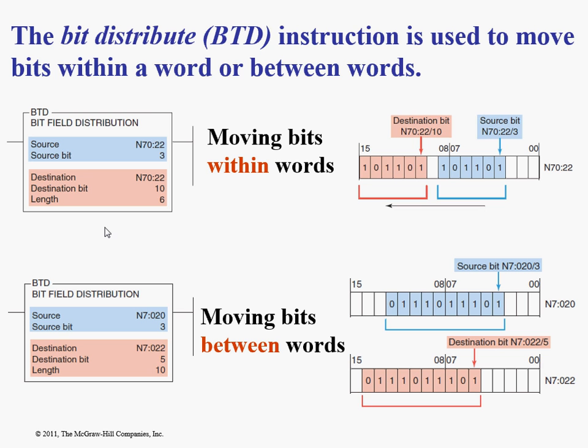There's a BTD instruction where we can move the bits through there. I'm going to gloss over this because I just don't really use that much. The one time I've had to use that, they had a barcode scanner that was 16-bit moving. They'd upgraded and were moving to a 32-bit processor. Whenever you pulled the data in, it wouldn't segregate the data.